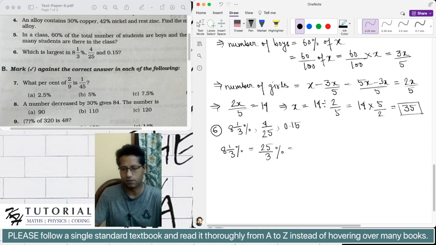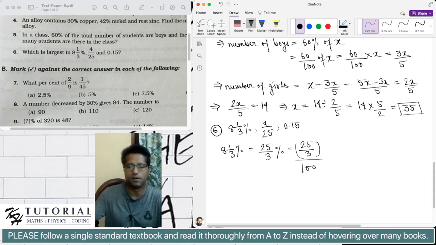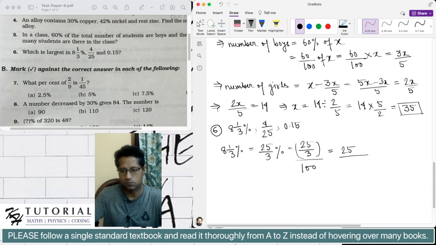So first we will convert it as a fraction. So this becomes 25 by 3 divided by 100, which is equal to 25 by 3 into 100.